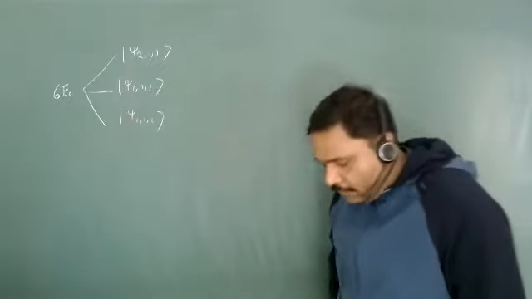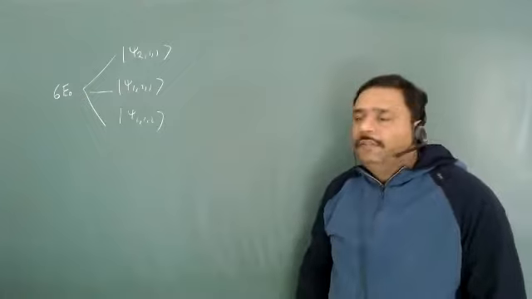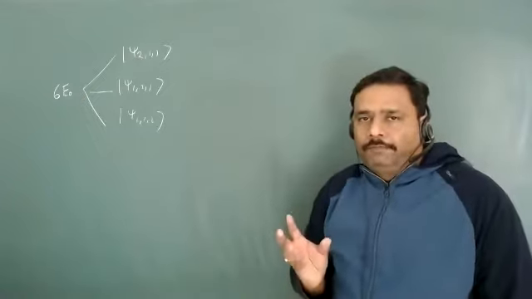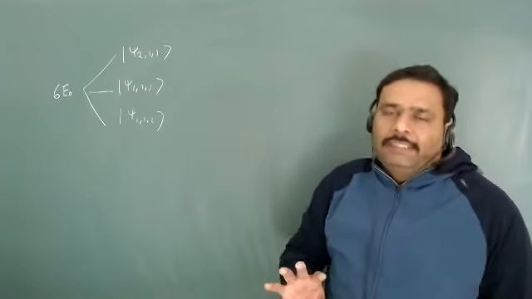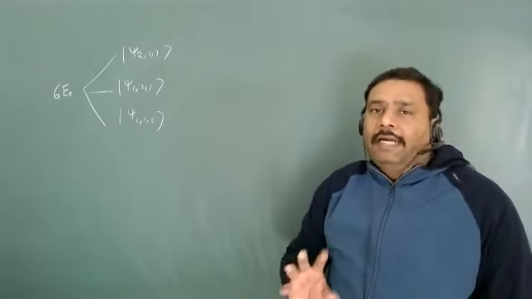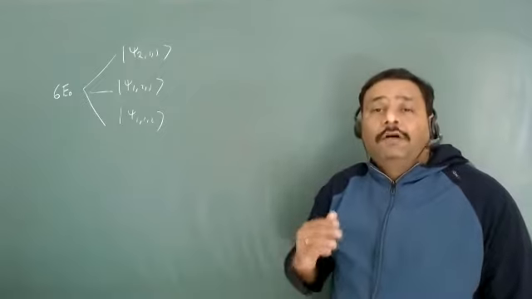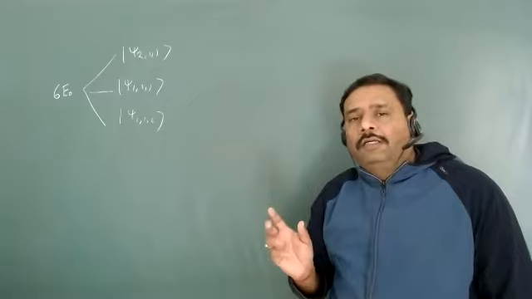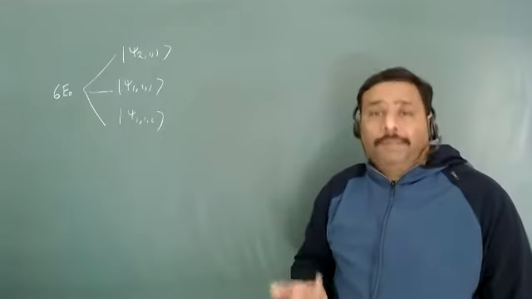So now what do we have to do? We have to write the H naught in a matrix form, in a diagonalized form. So how will you write H naught in a matrix form? What should be the basis?